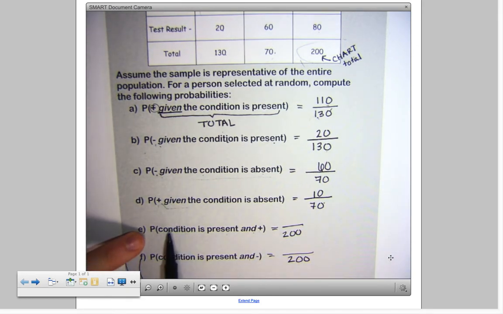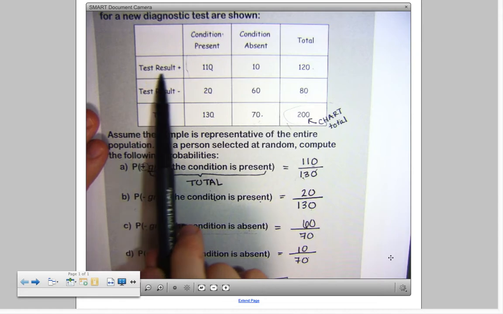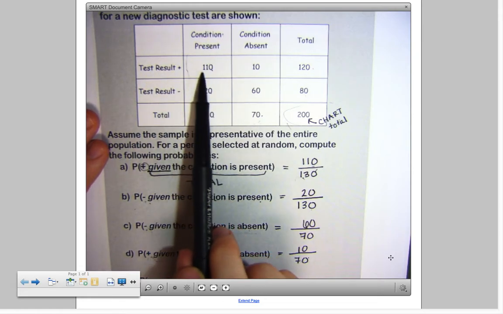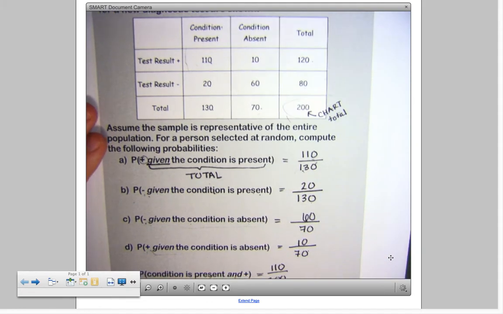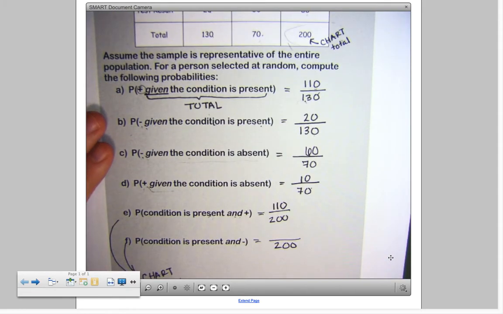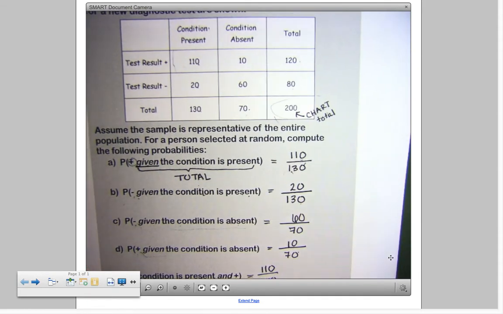Okay, the first one, the condition is present and positive. So if I come to the chart, here's positive, here's present. So the only one that is present and positive is 110. So that probability would be 110 out of 200. Down here, present and negative. Come to the chart.